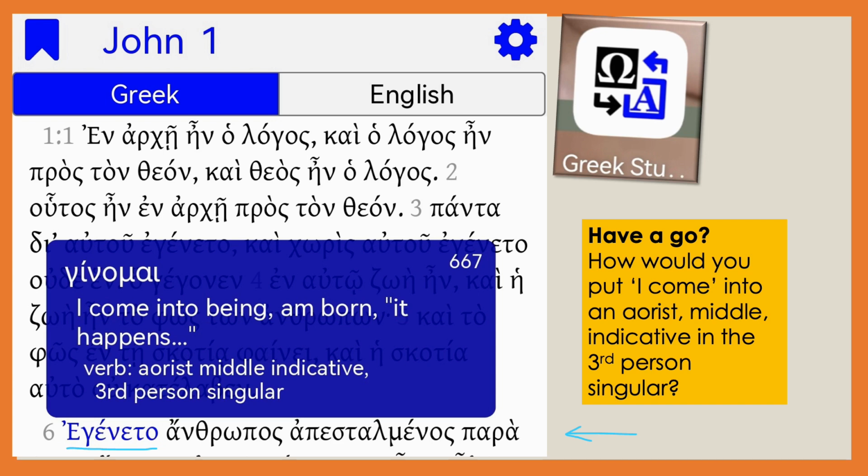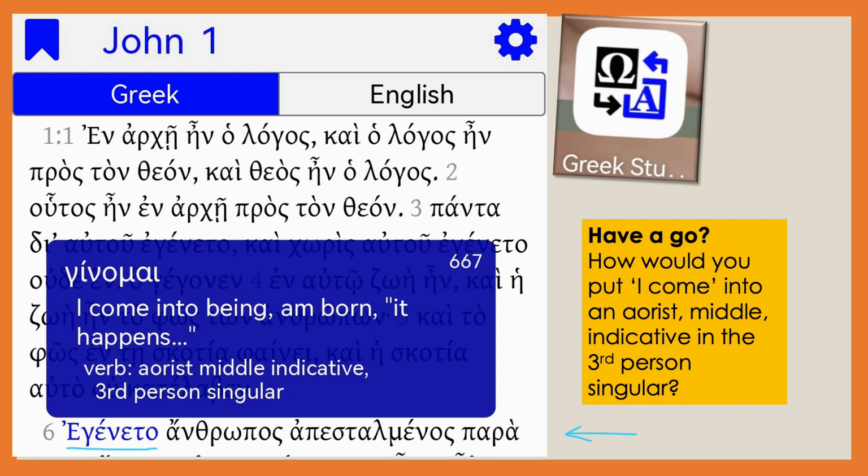As I said, it can be quite different in the root form. It tells you here what the word means, and the number shows you how often that word in its different forms is used in the New Testament. This one's quite a common word. It tells you here that it's an aorist, a middle indicative, and that it is in the third person singular.